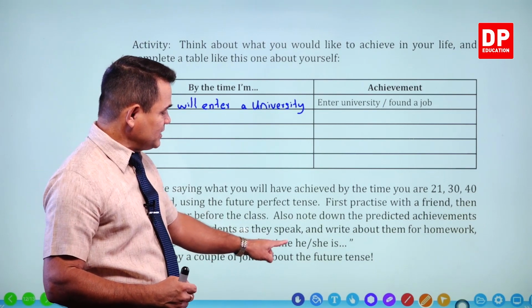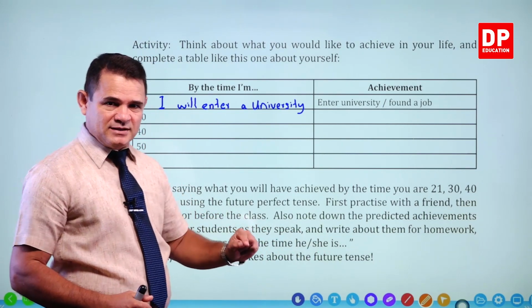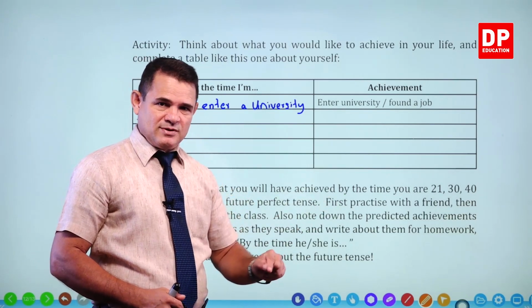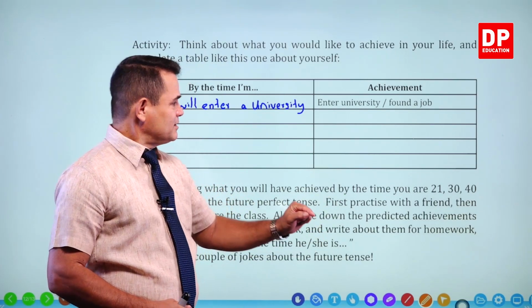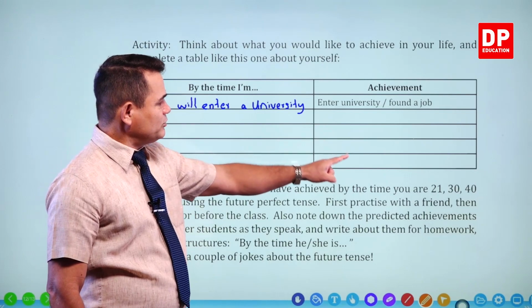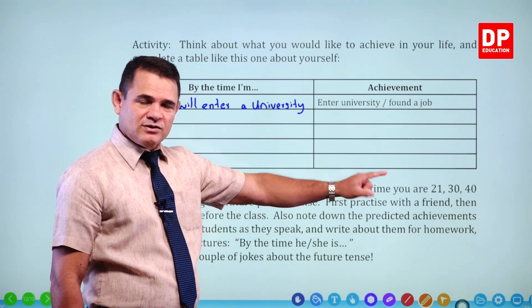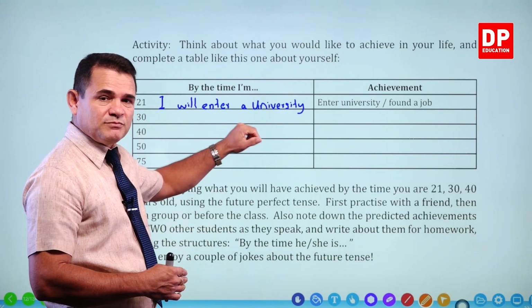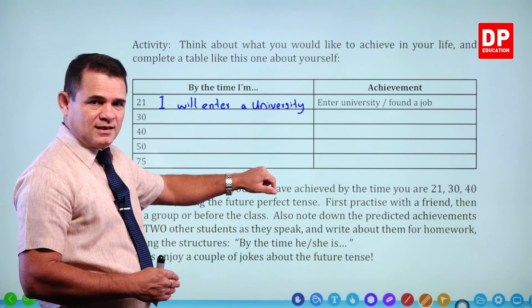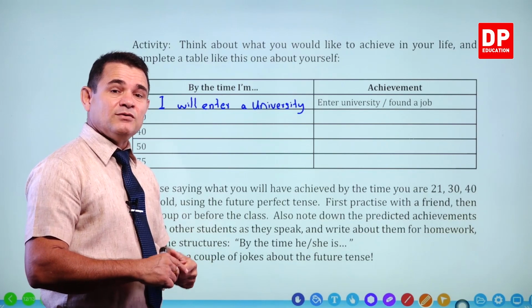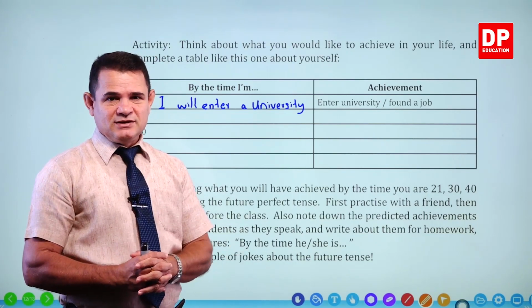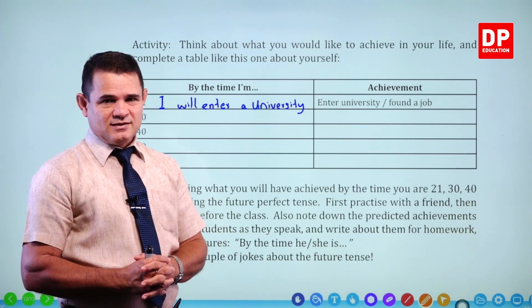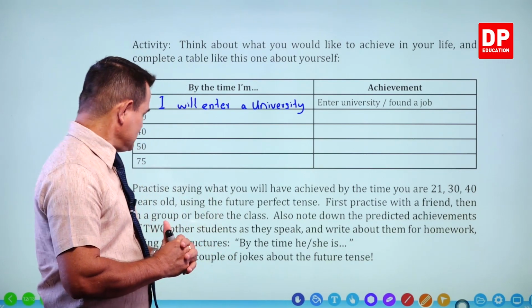By the time he or she, by the time he කියන්නේ වගේ යාළුවා, he යා අවුරුදු 21 වෙනකොට 30 වෙනකොට 40 වෙනකොට මොනවද කියන්නේ? So you just listen and use the future perfect tense. එයා මොනව කරලා තියෙද? He will have completed his degree. ඒ වගේ future perfect use කරලා ලියන්න.